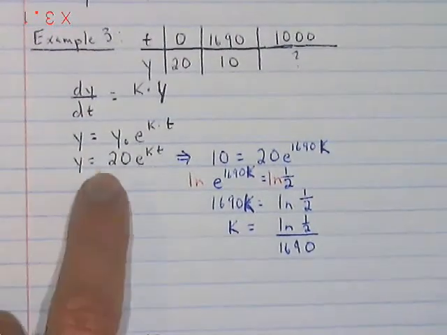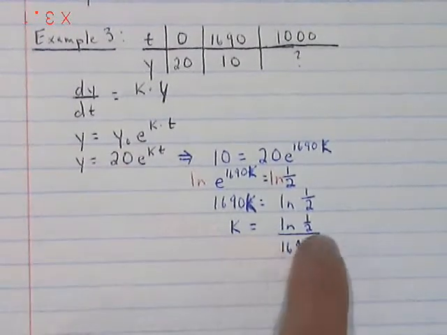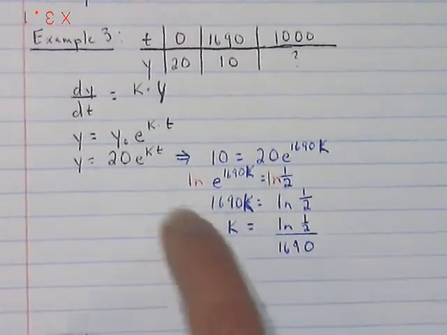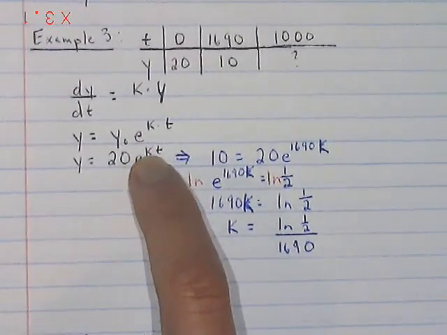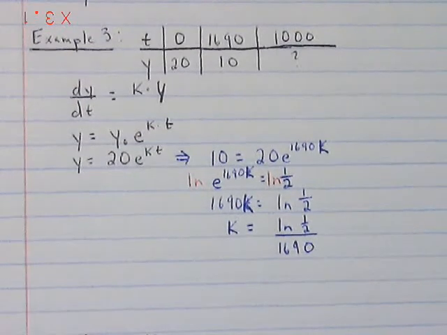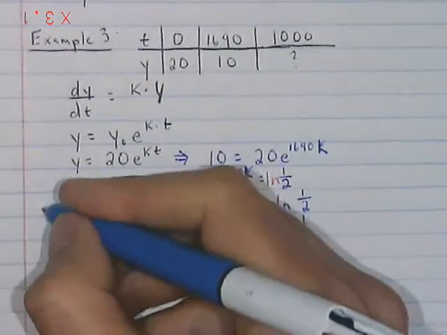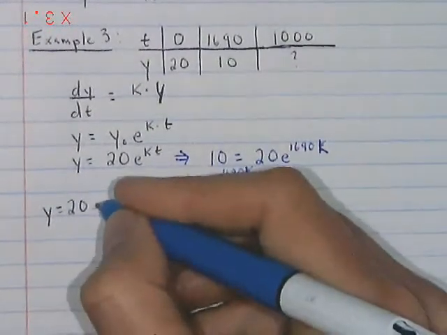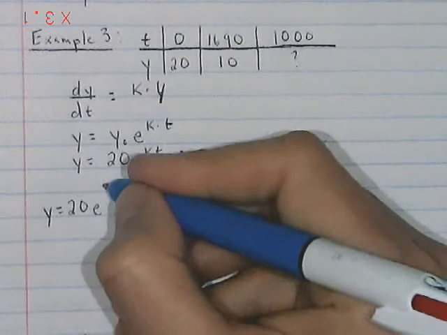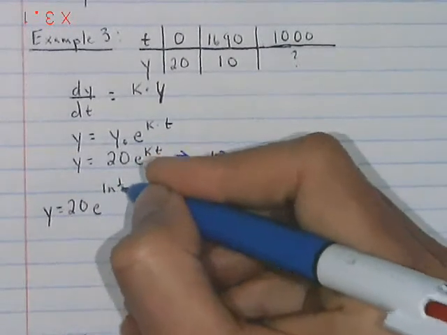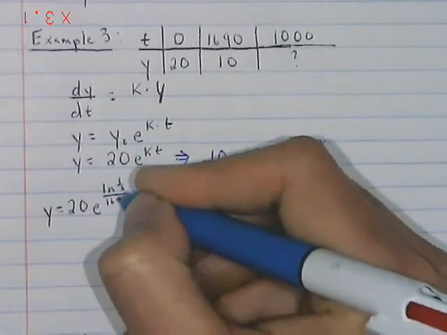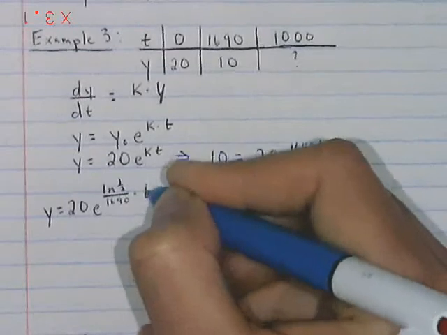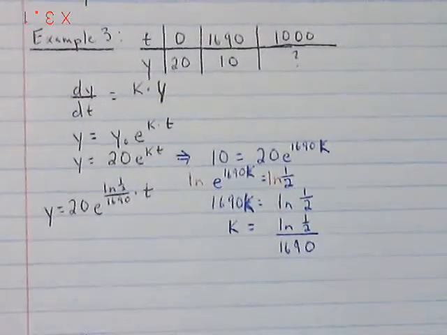And we're going to do the same exact thing as the first 2 examples. Directly substitute in k, but then make it look pretty. Make it look pretty before we interact with it. In other words, y is equal to 20 times e raised to the ln of 1/2 divided by 1,690 times t.